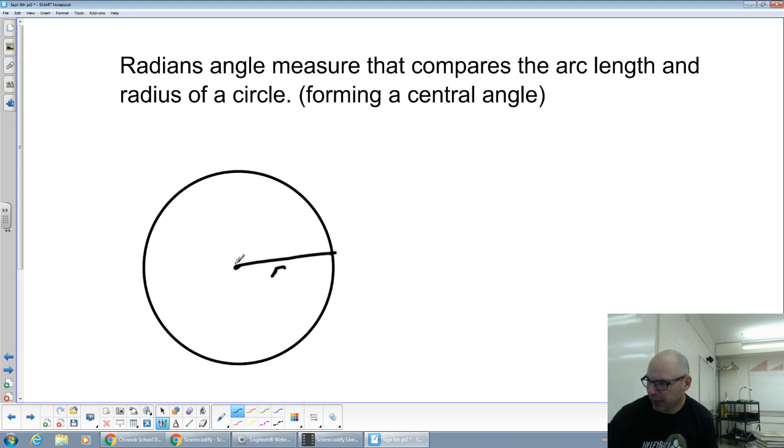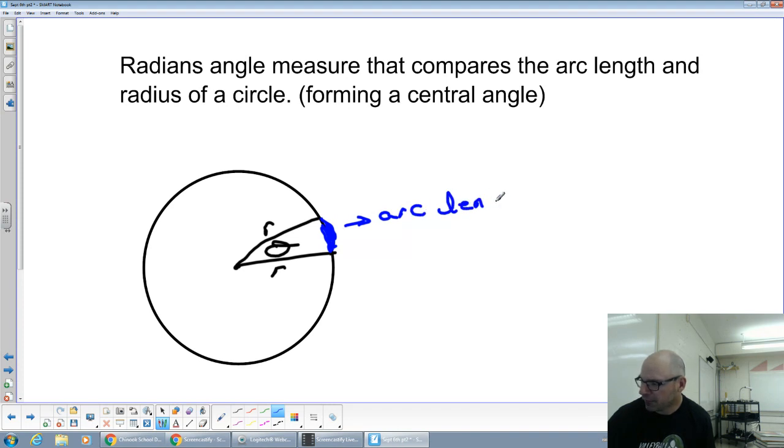We have our radius there. This angle here, theta, is subtended by some arc length right here. So this would be our arc length.